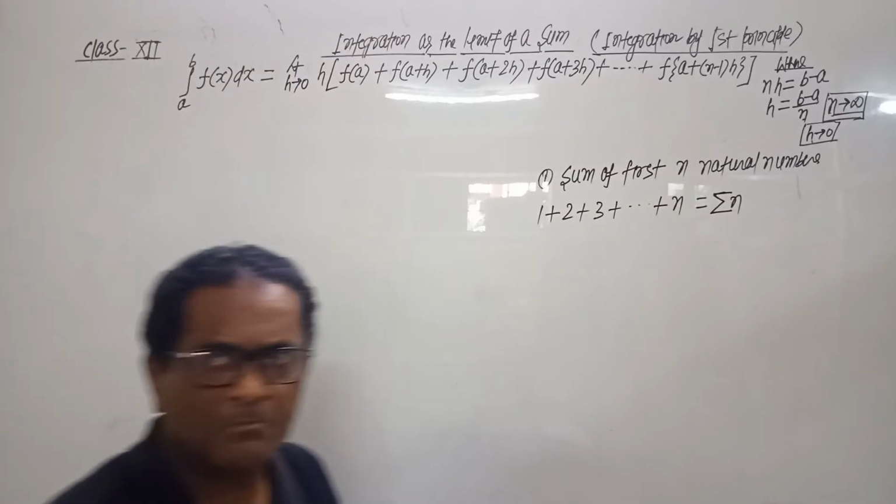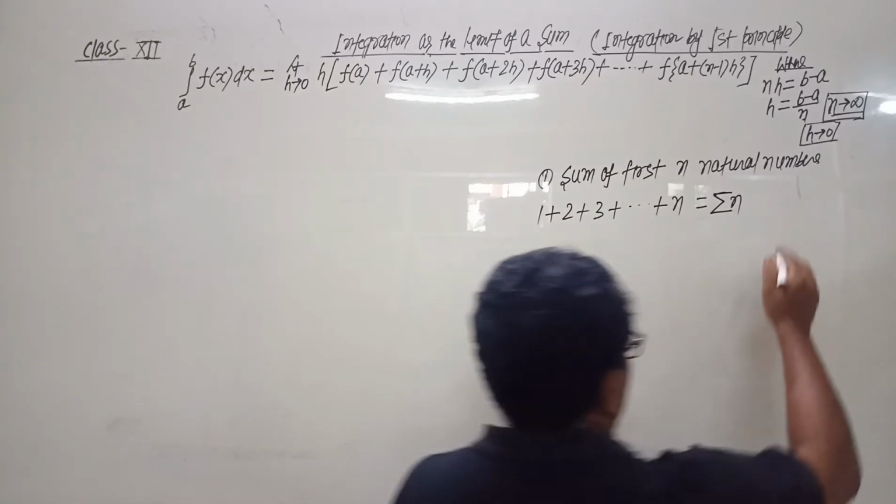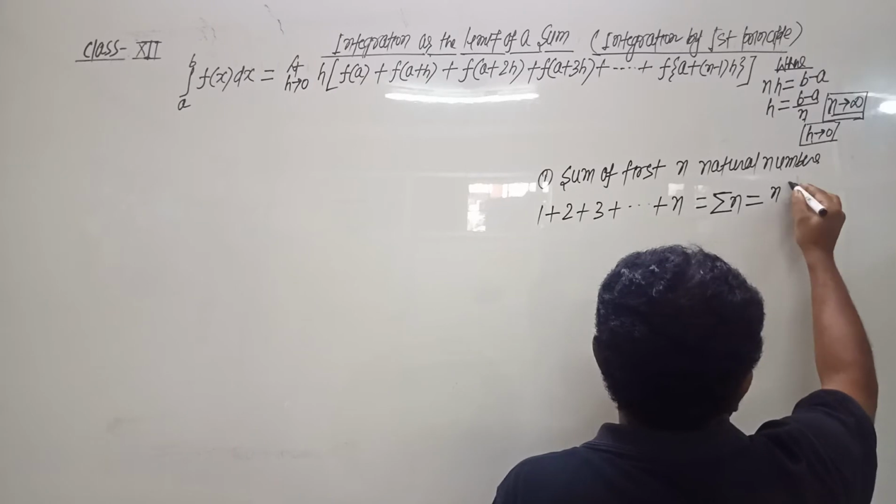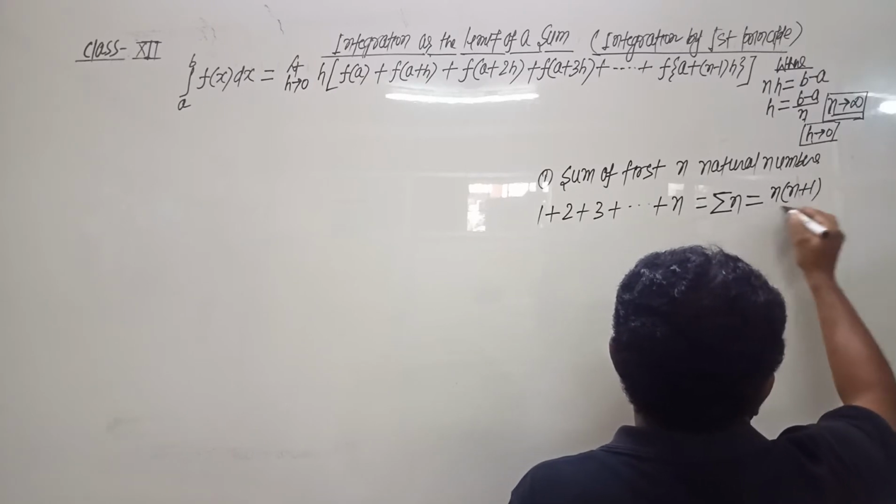Sigma means sum. Sigma n equals n into (n plus 1) by 2.